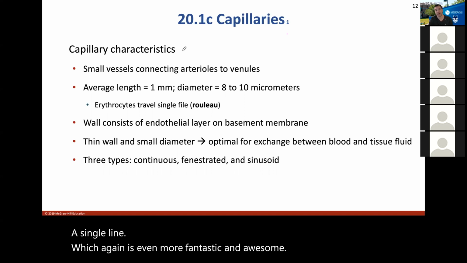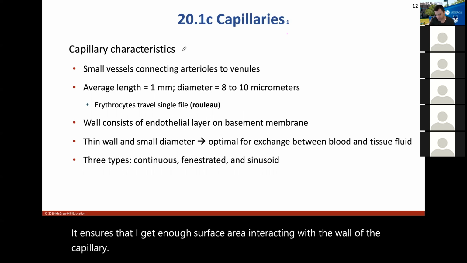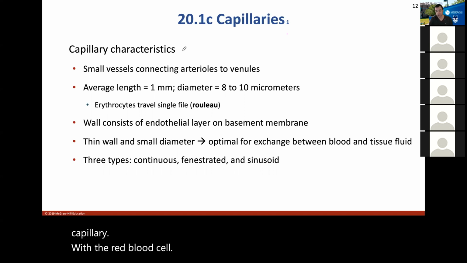It ensures enough surface area interacting with the wall of the capillary, so I really ensure an optimal exchange of nutrients, waste, fluids, all that stuff.